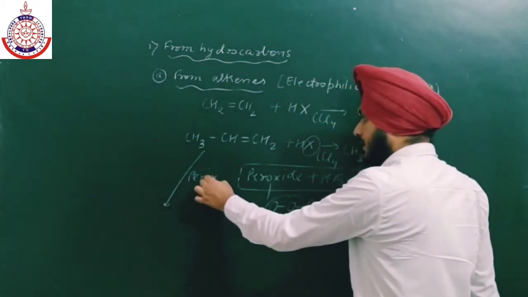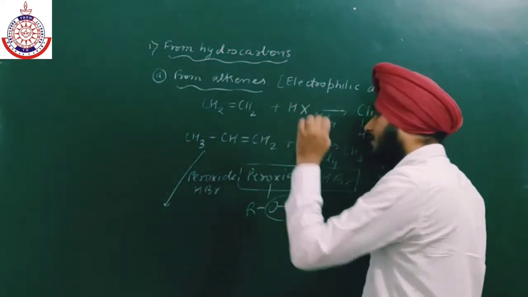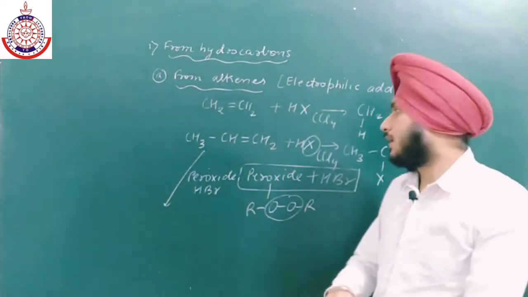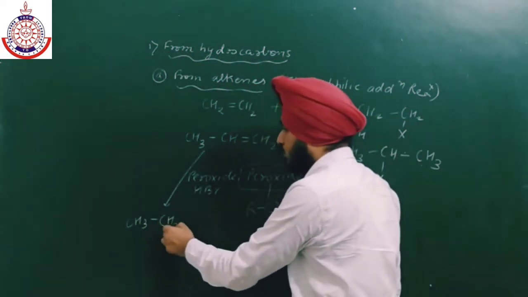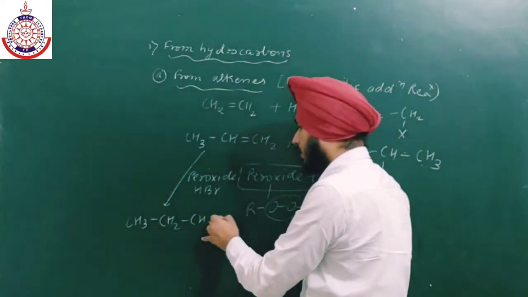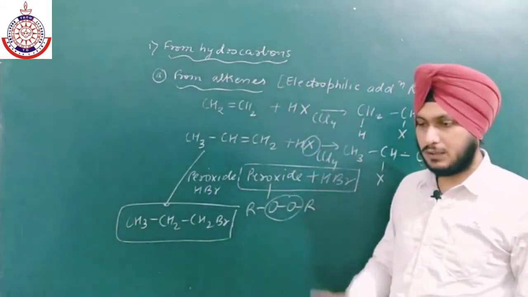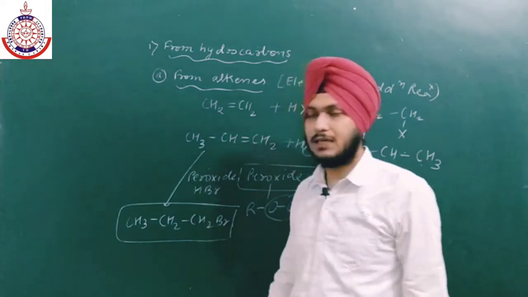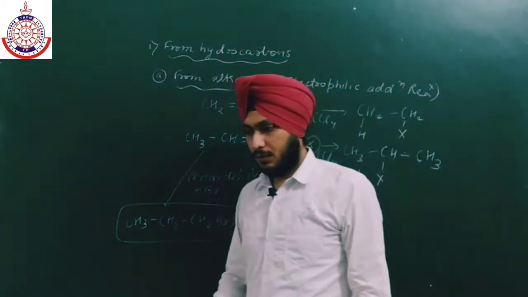This is known as the peroxide effect, and only in case of HBr we get this product, CH3CH2CH2Br. The negative part of the halogen acid goes to the carbon which has the greater number of hydrogen atoms.